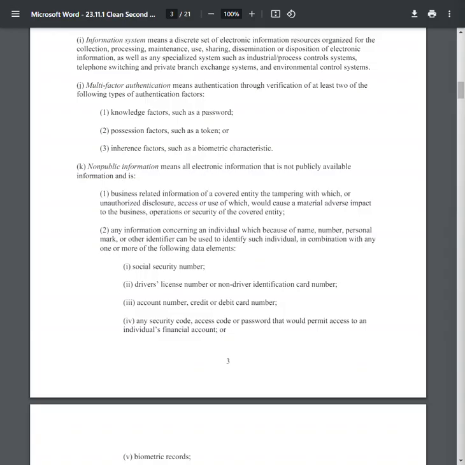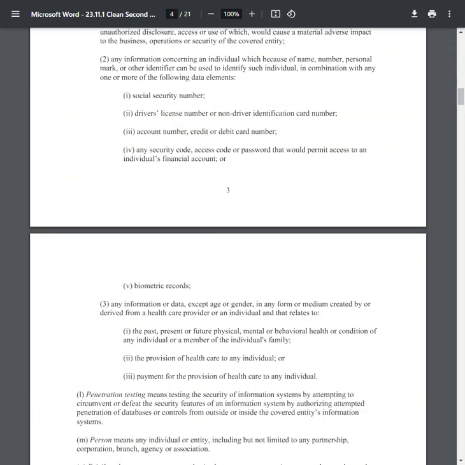Here we have samples of non-public information such as names or other personal identifiers that can be used to identify individuals in combination with other information. So information such as social security numbers, driver's license numbers, account numbers, or access credentials.